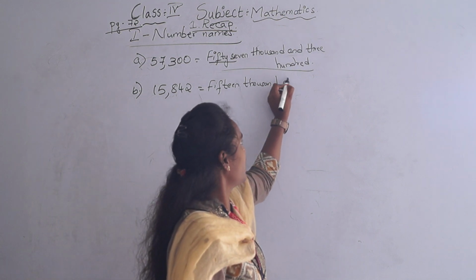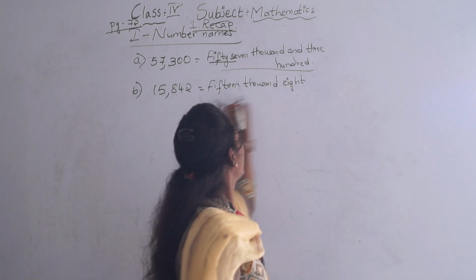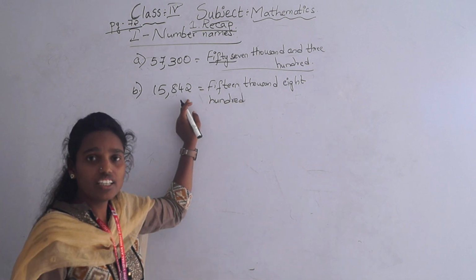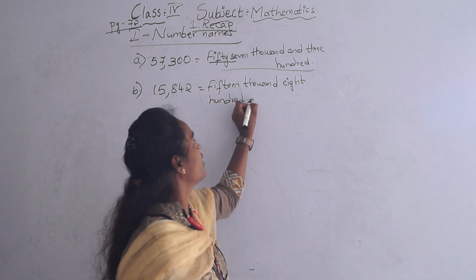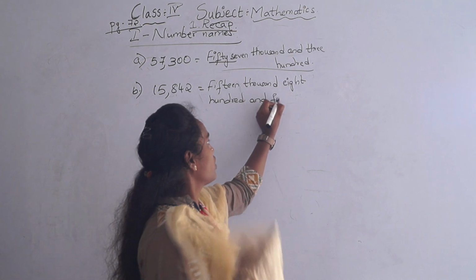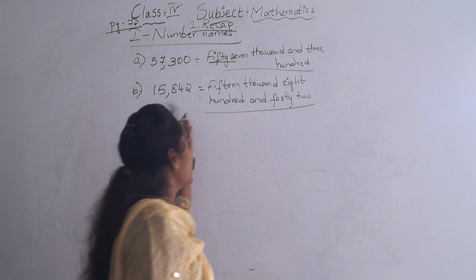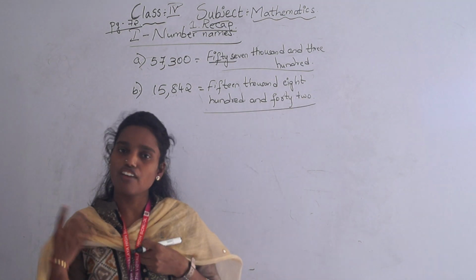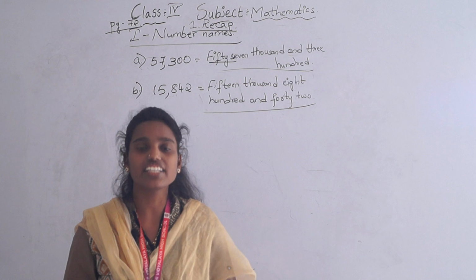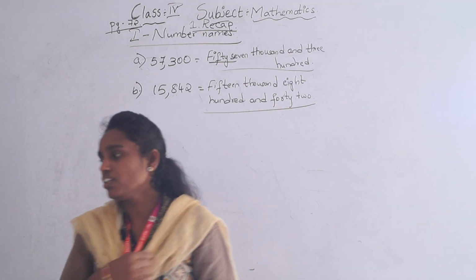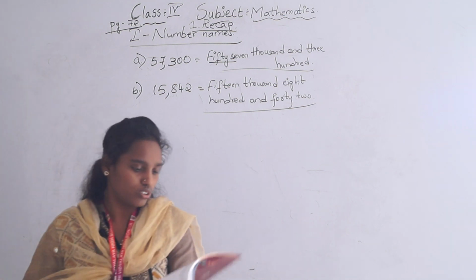We should write 800. What is there? 42. 842. Children, don't write the spelling of 40 as F-O-U-R-T-Y. It is F-O-R-T-Y, 42. Have you remembered? Remaining bits you can do, I hope.